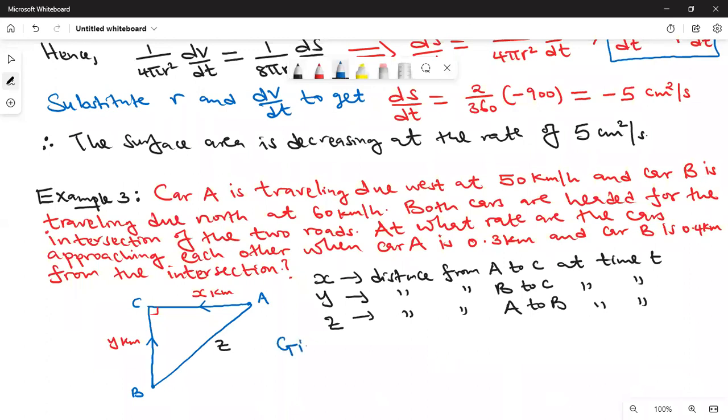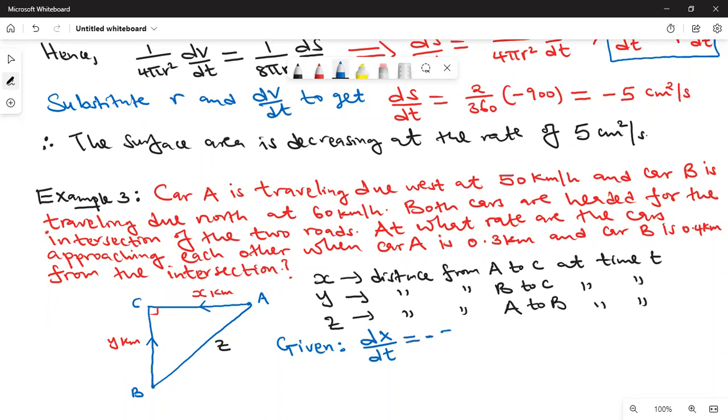We are told that, when you talk of speed, it is distance over time. The rate of change of distance, that is what we are calling the speed. So in the question, we are told that car A is traveling due west at 50 kilometers per hour, and car B is traveling due north at 60 kilometers per hour. So that simply means that dx/dt, which is the speed, is negative because x is decreasing.